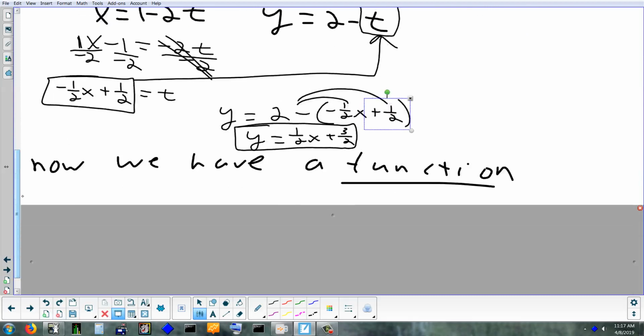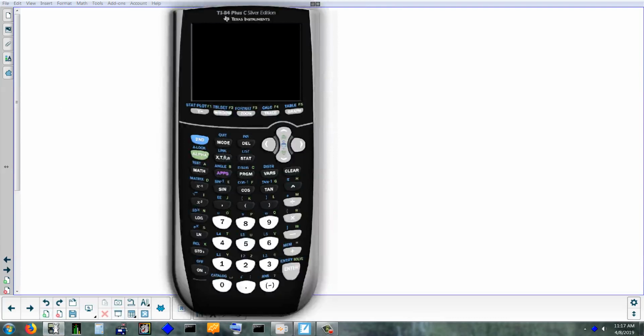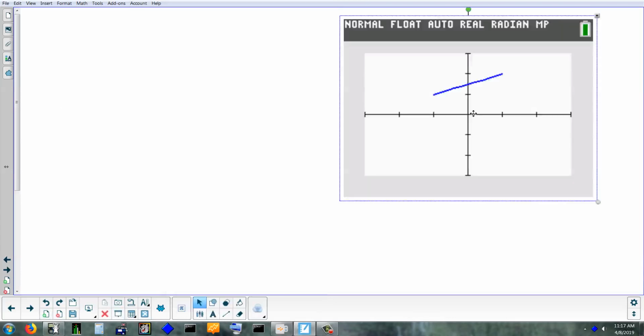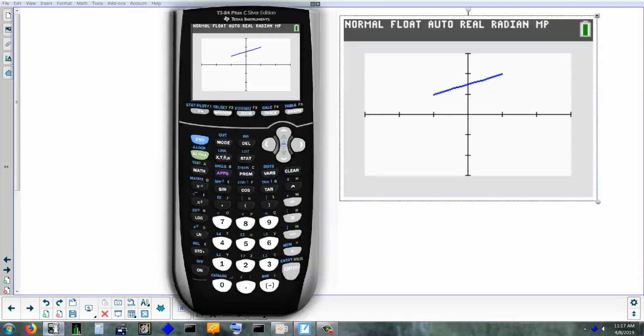So let me draw that, compare it to what we just had drawn before, and see if they look the same. I mean, they should. We did all the algebra, right? So here's your picture parametrically. And let's go back to function.